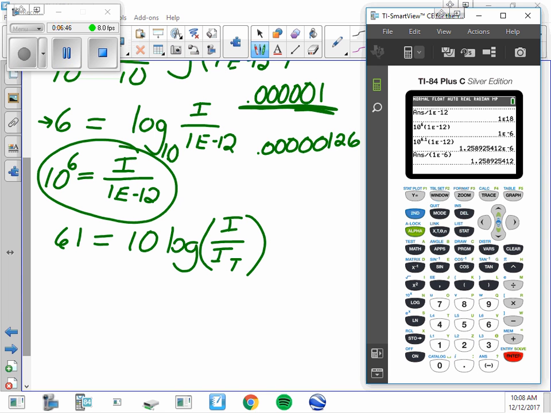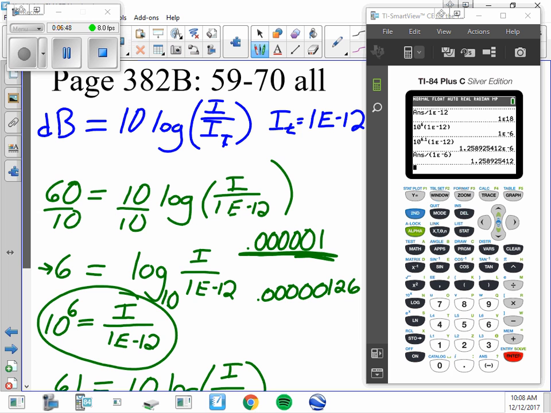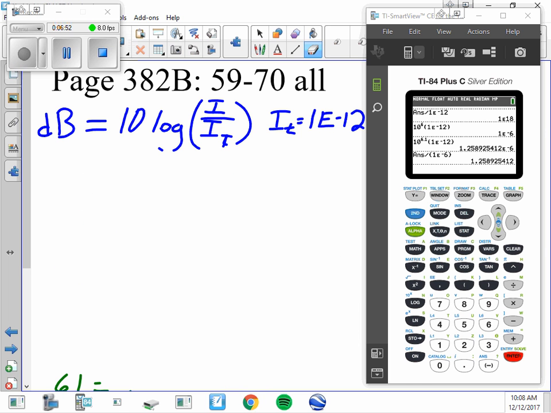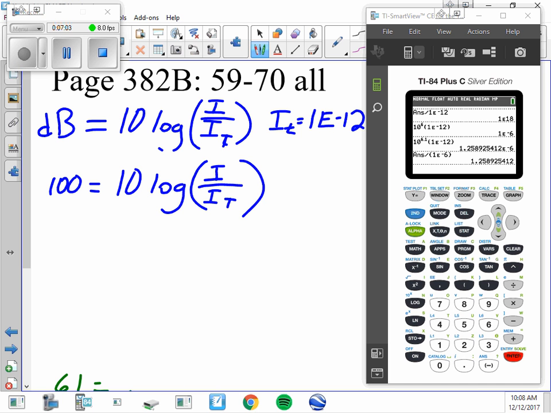So let's see how much energy it takes to create 100 decibels. 100 is equal to 10 log of I over I sub t. Divide by 10, and I get 10 equals log of I over I sub t.